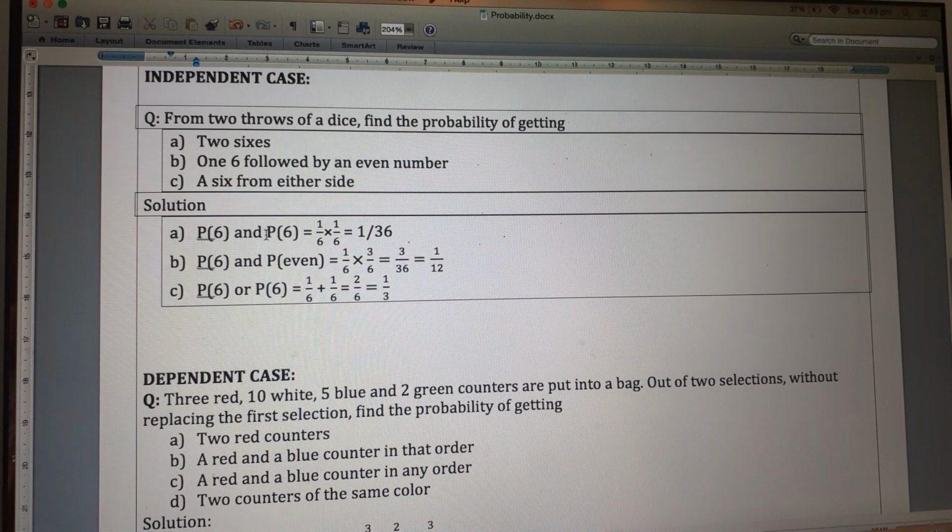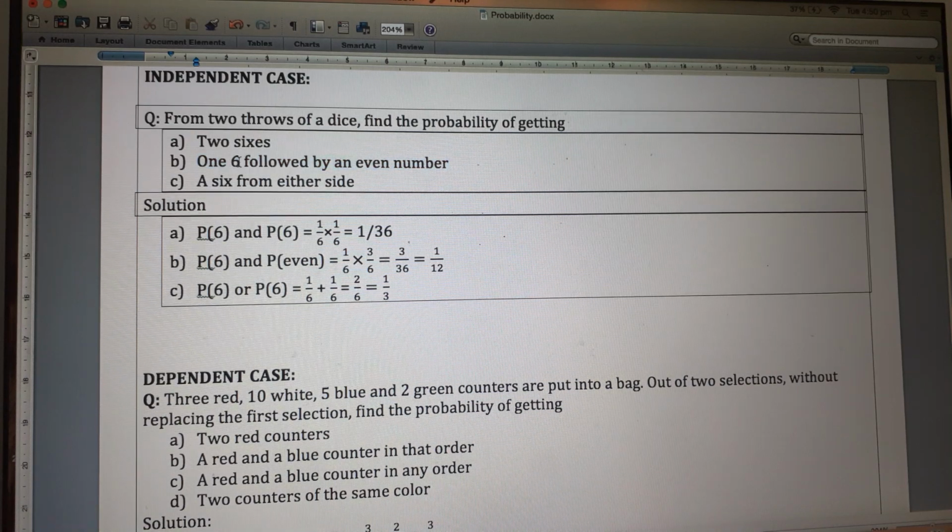And when I will throw my dice second time and I will be finding the probability of getting a 6, it will again be 1 out of 6, because 6 can come only one time out of total outcomes are 6. Because and is used here, so we will be multiplying the probabilities, and 1 over 6 into 1 over 6 is equal to 1 over 36.